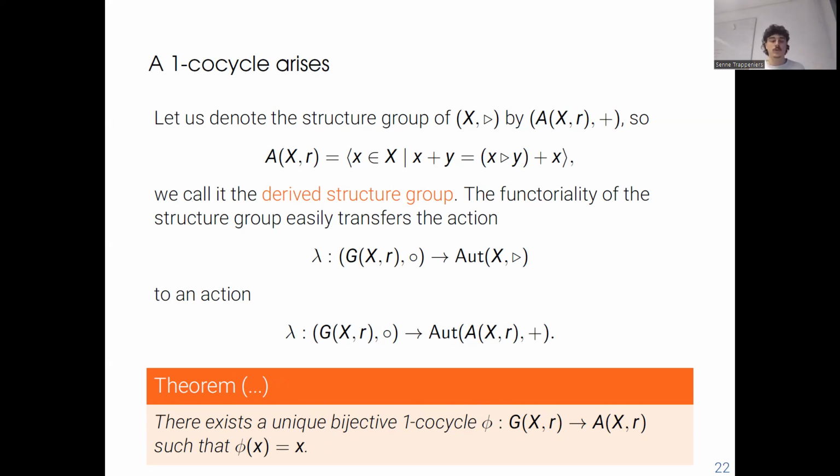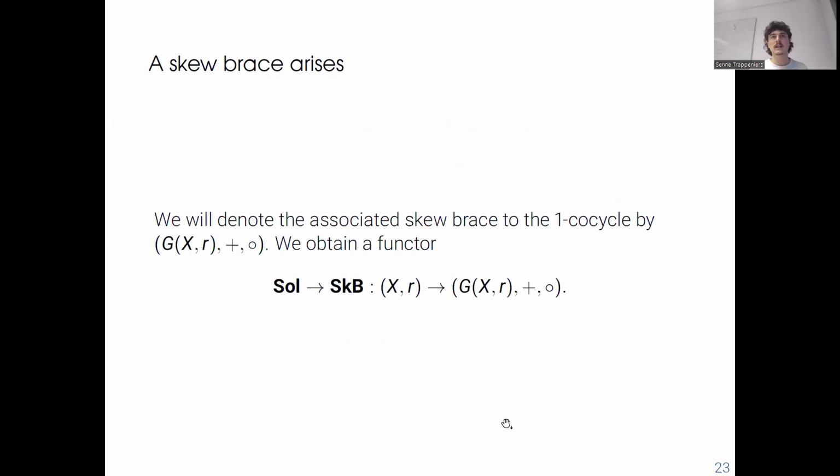Okay, but we started with saying that a bijective one-cocycle is actually the same as a skew brace. So instead of considering this bijective one-cocycle, we can transfer in some sense the group structure of A_{X,R} to G_{X,R}, and we find a skew brace structure on G_{X,R}. And once again here we can easily check that this is functorial.